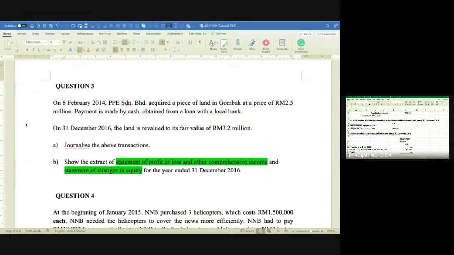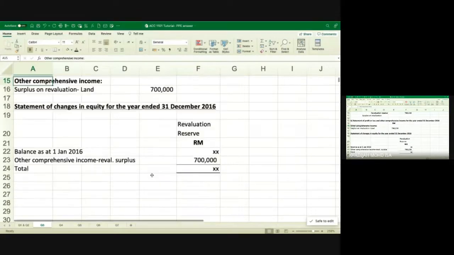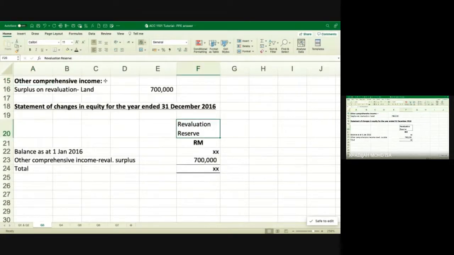What about your statement of changes in equity? Remember that the revaluation reserve is part of equity, together with the retained earnings. So here we have the balance on the reserve. Initially we don't have anything, but now we create a 700,000 reserve. So at the end, it depends.